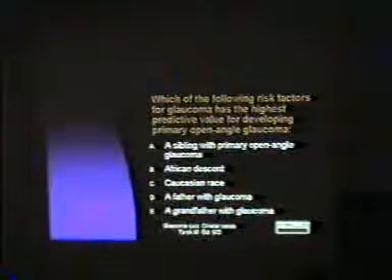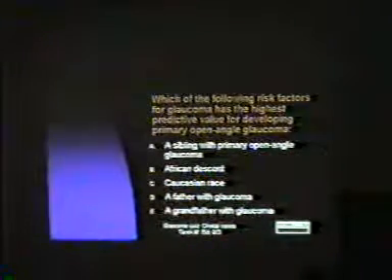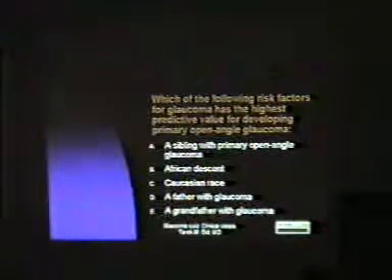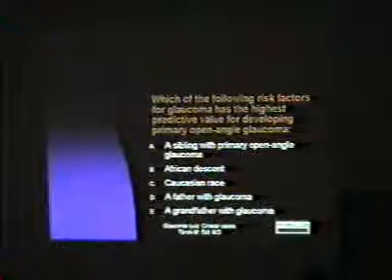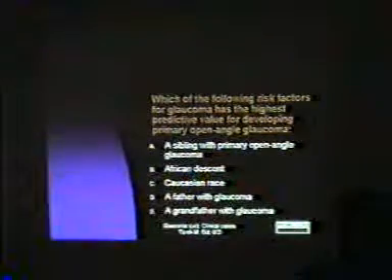I think B and D. B or D? Just one answer. There are some questions where you will have many true or many false answers, but this one needs one answer. Okay, D. No, it's false. A is true.